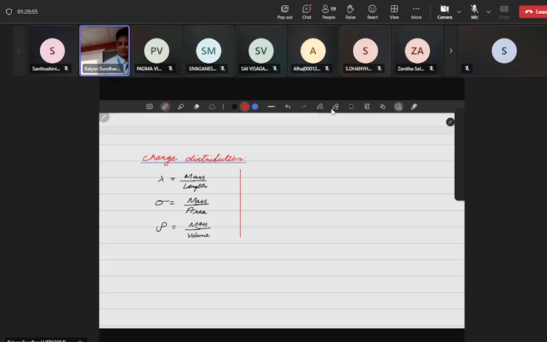Similarly here, mass is being replaced by the next property, which is your charge. So lambda, the symbol is the same. Lambda is equal to charge per unit length. Sigma will be charge distributed per unit area, and rho will be equal to charge distributed per unit volume.